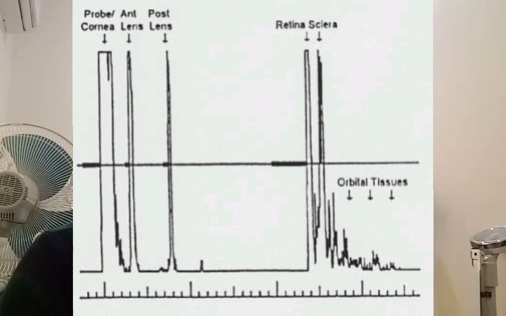The height of the deflection, or the spike up on the vertical axis, represents the strength or amplitude of the returning echo. The location of the deflection or the spike along the baseline represents its axial distance from the transducer face, and it relates to the reflector depths.